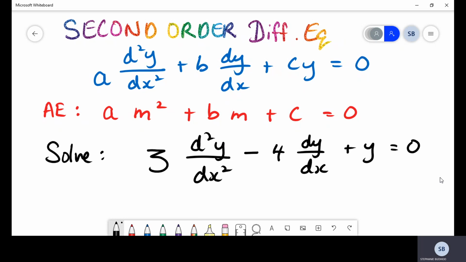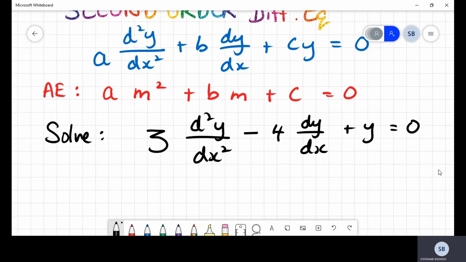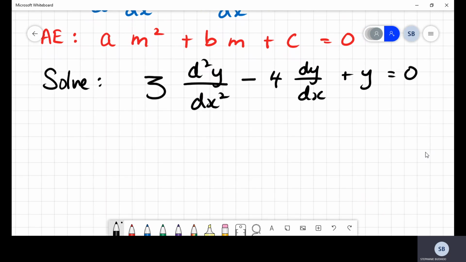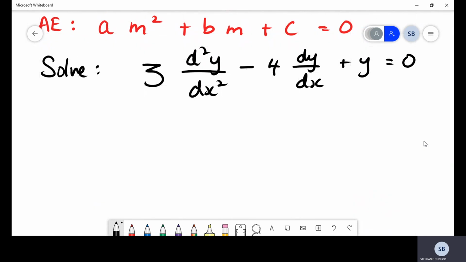The first thing you need to decide is the order. We can see we have a second order equation here, and it's homogeneous. That means our solution will involve finding an auxiliary equation.